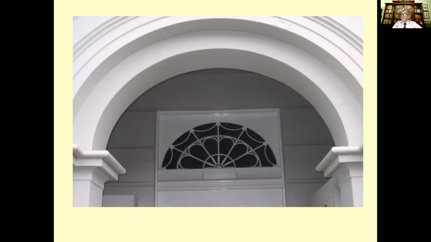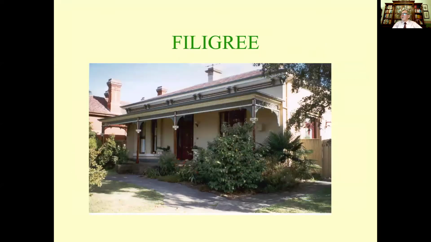This is actually in the doorway of the Johnston Collection house in East Melbourne, which is a Victorian house, but with very much Georgian features on the outside. So let's move on to the more typical houses that we find in Victoria and around Australia. Obviously, Sydney does have some of those Georgian places, but Tasmania is the best hunting ground if you want to go and have a look at them.